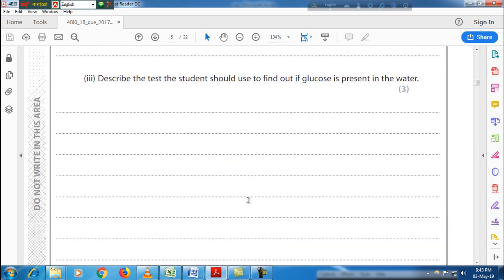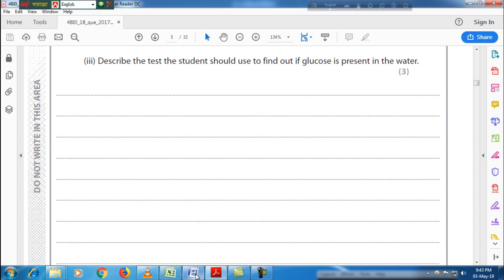Now next question, number 3. Describe the test the student should use to find out if glucose is present in the water.